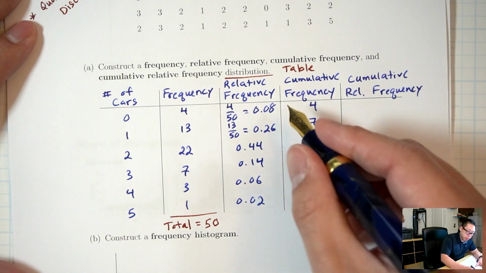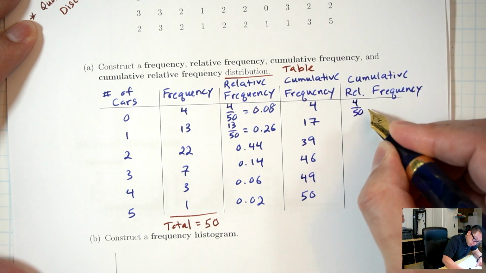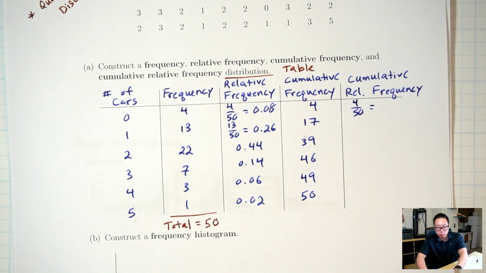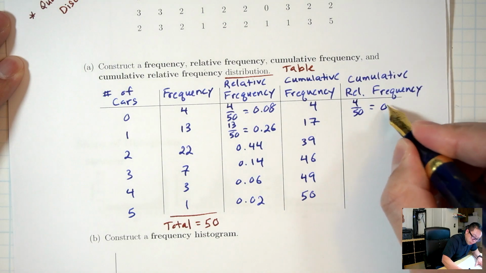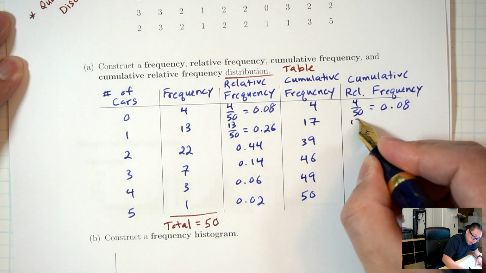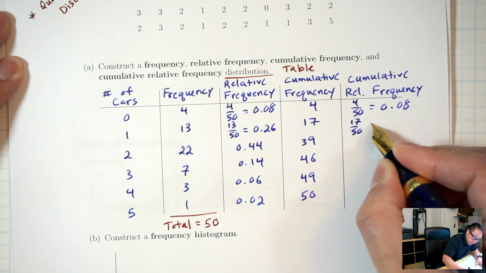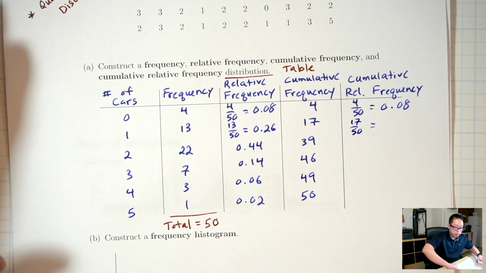Okay, so the first one is going to be 4 divided by 50, so 0.08. Next up, 17 divided by 50, 0.34.